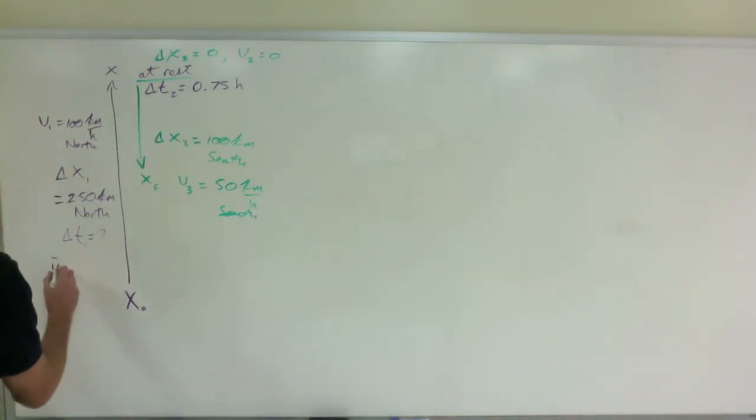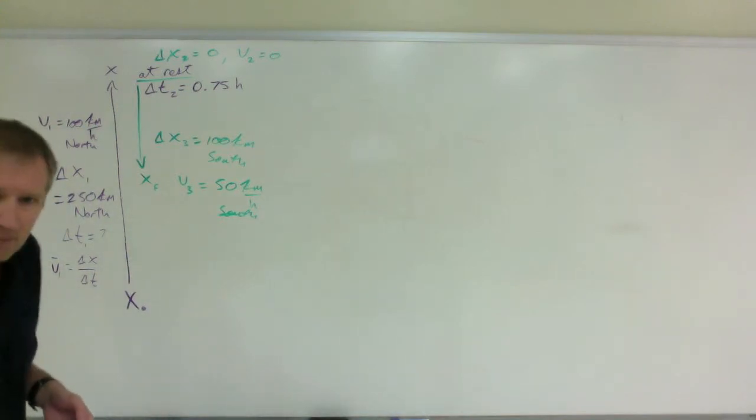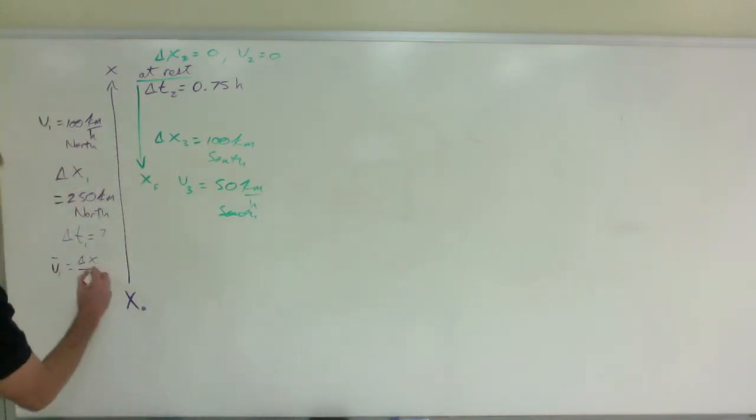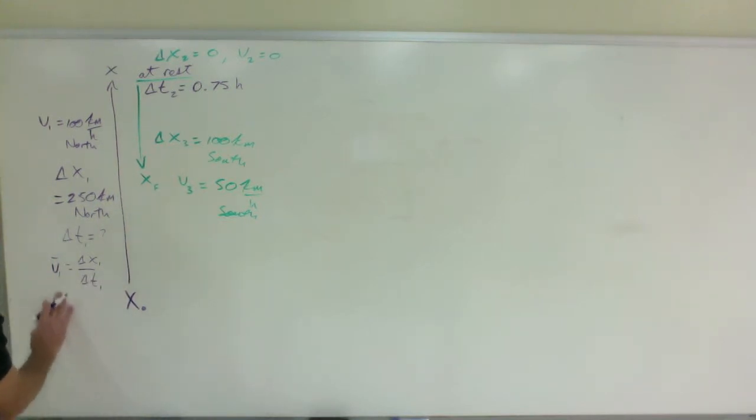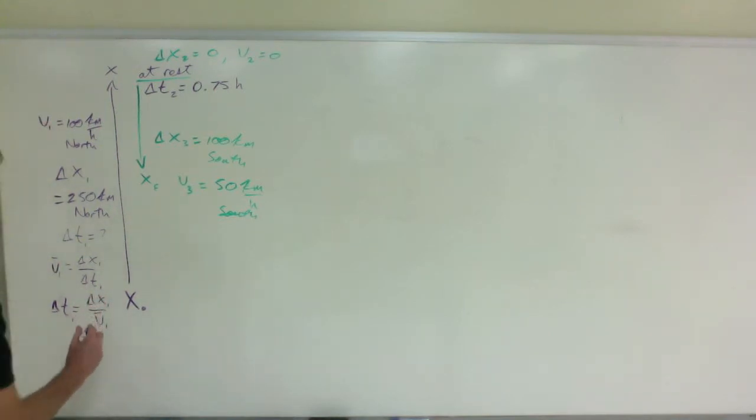So the average velocity for the first segment is defined as delta x over delta t. That's the definition of average velocity. If I solve this for time, then delta t is delta x all over the average velocity, which in this case is the constant velocity.